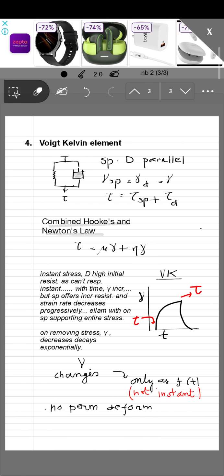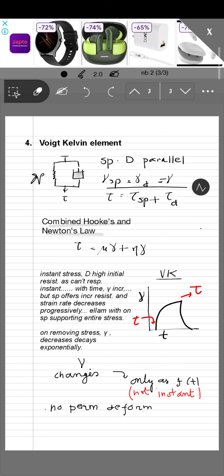Next one is where you are arranging the two entities, the spring and the dashpot, in parallel. Here, in contrast to the previous one, the strain is the same in the two entities.